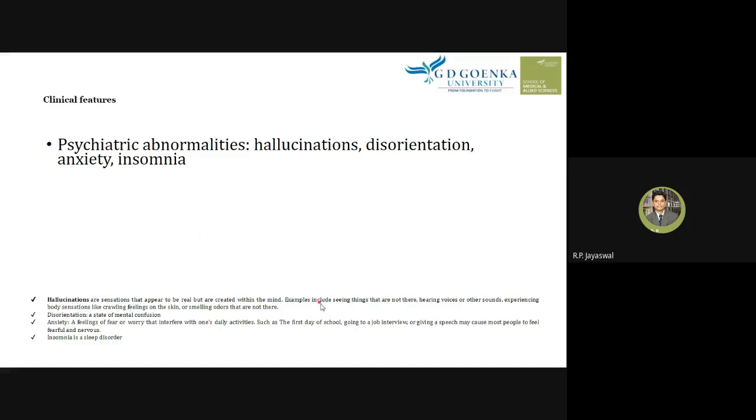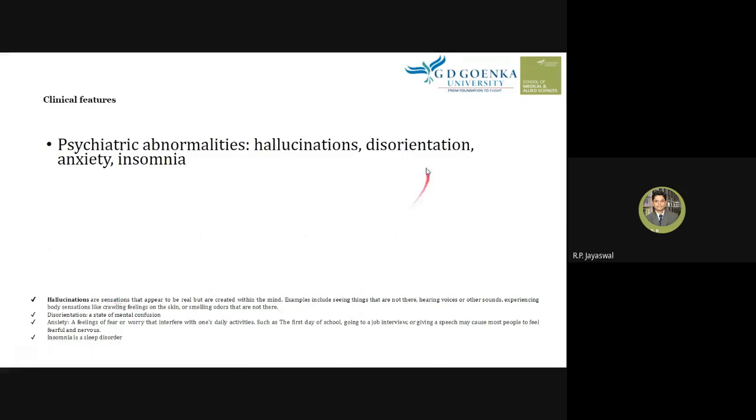The patient can see things, but they are not what other people can see. So seeing or hearing voices or other sounds, experiencing body sensations like crawling feelings in the skin, smelling odors that are not there. So this is a hallucination, which is a psychiatric abnormality.